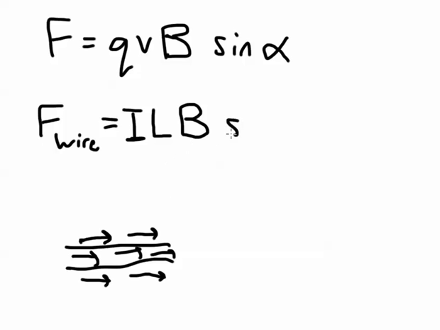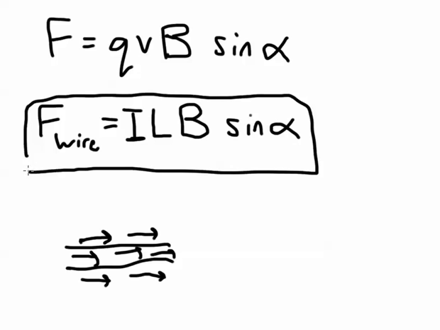So we might expect that the angle, again, would have something to do with this force. So there's the formula for the force of a magnetic field acting on a wire.